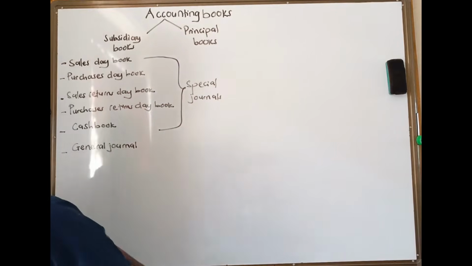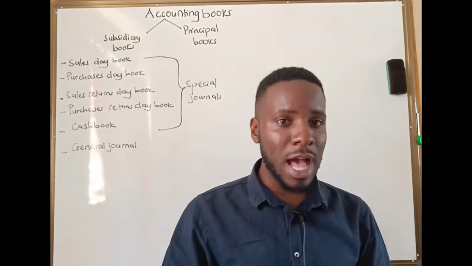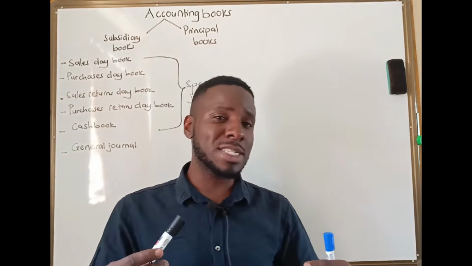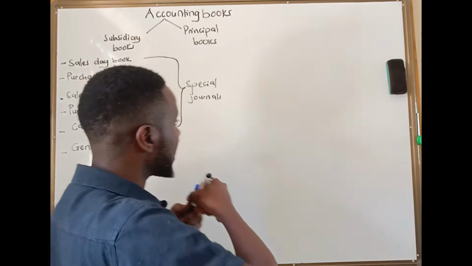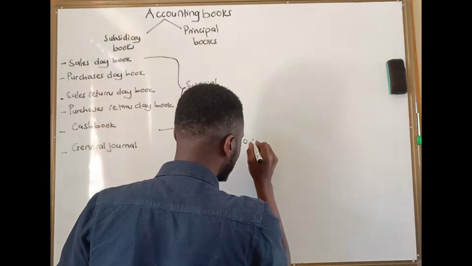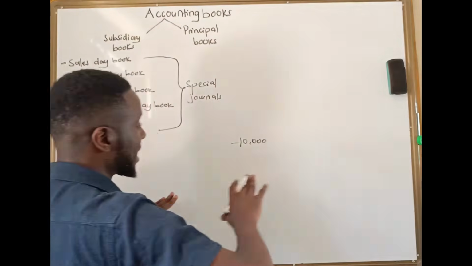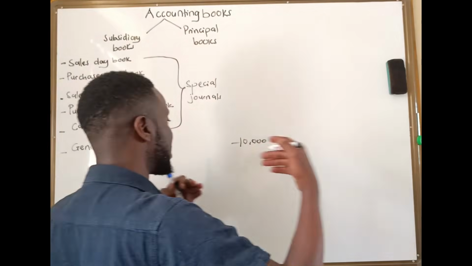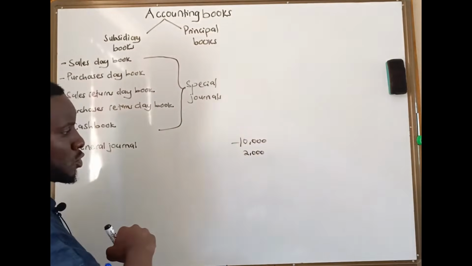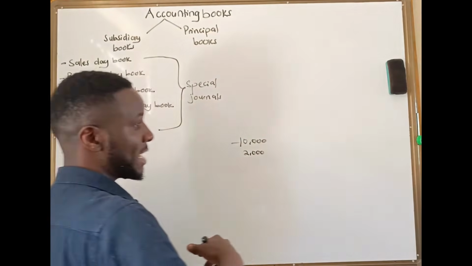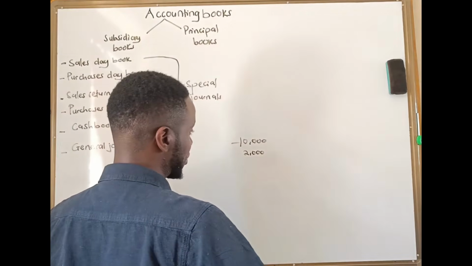Now, when it comes to the sales returns day book, it's like we have sold our goods, and a certain amount of those goods is returned to us. For example, we sell goods worth 10,000. From this 10,000, the person who has taken our goods realizes that around 2,000 of those goods are supposed to be returned, because they are not up to the standard or the expectation that the person wanted.